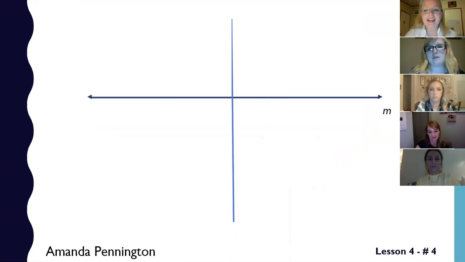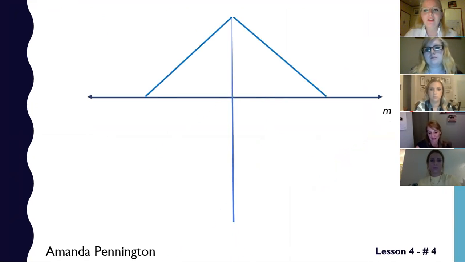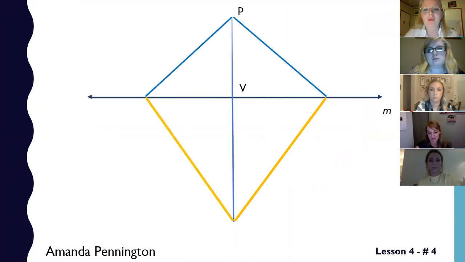All right, guys. So we have this line M, and we see all these things popping up, and we're going to look at each individual one of these. The first thing that popped up was that line M, and what we want to know is all these triangles that are on this line similar and congruent, and how do we know those?